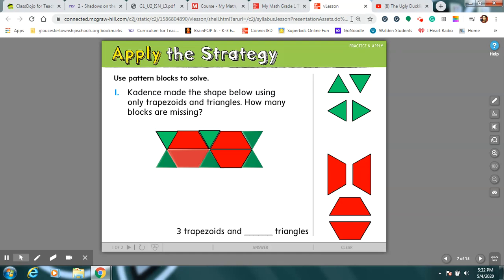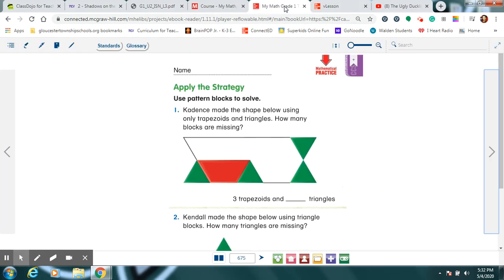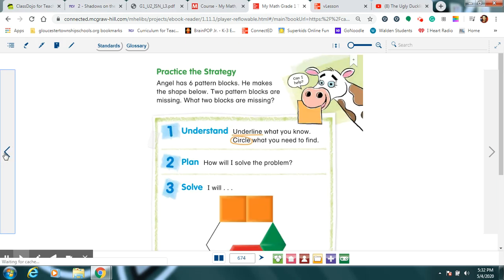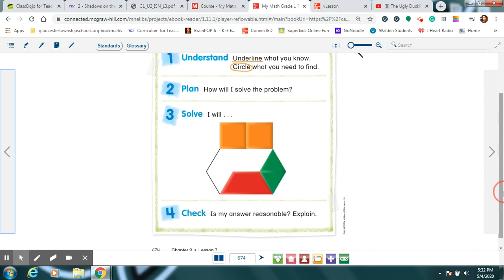So boys and girls, what you're going to do is you're going to experiment using your pattern blocks. And if you didn't print them yesterday, I would suggest that you go ahead and try to get them now. Unless you're lucky, I noticed Liam has his own pattern blocks at home. And if you have blocks, that's great.